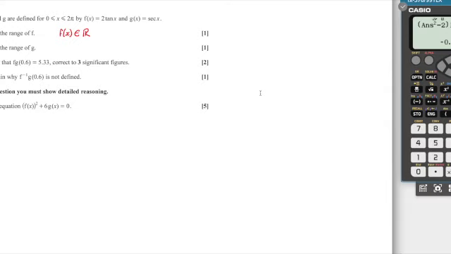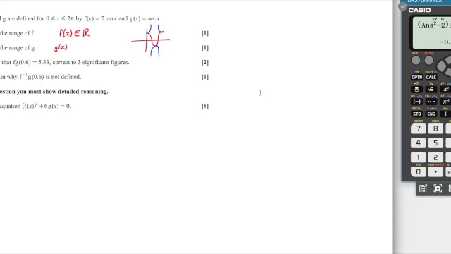The range of g, so this is sec x. So g of x is, what does sec x do? So that's cos. So cos does that. So sec does that. Okay, so cos can't be between 1 and minus 1.